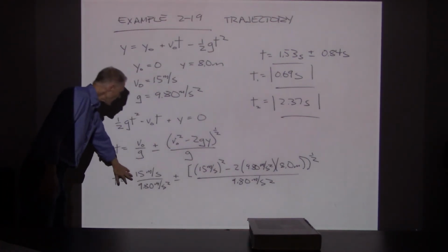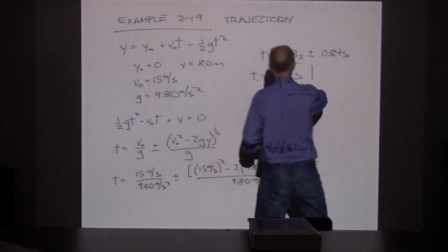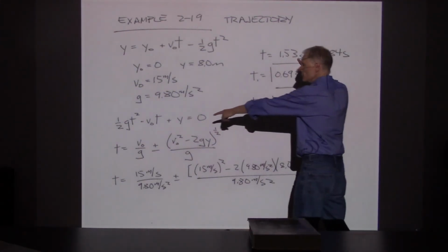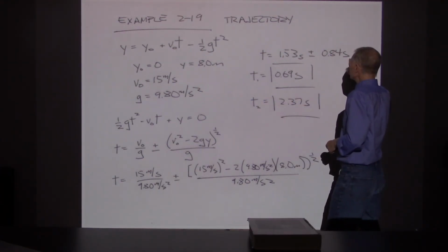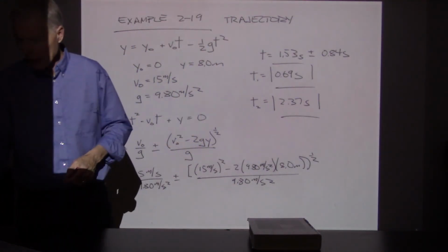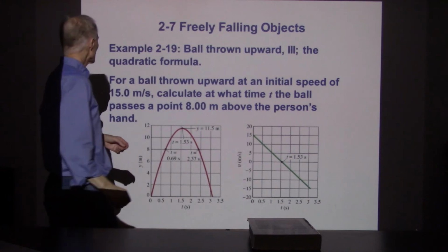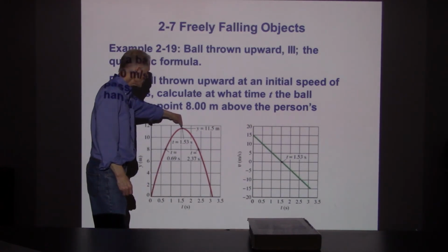Well, the central number here is 1.53 seconds, if I take the v naught and divide through by g, plus or minus 0.84. So what this is telling me is that the two solutions that I'm looking for are evenly spaced around that location.